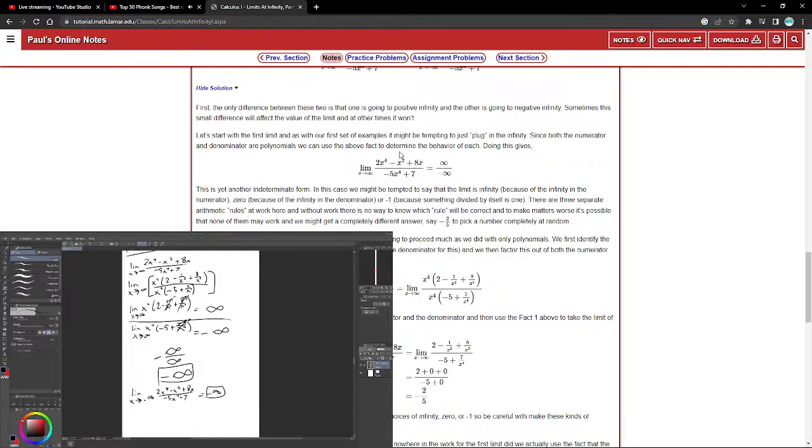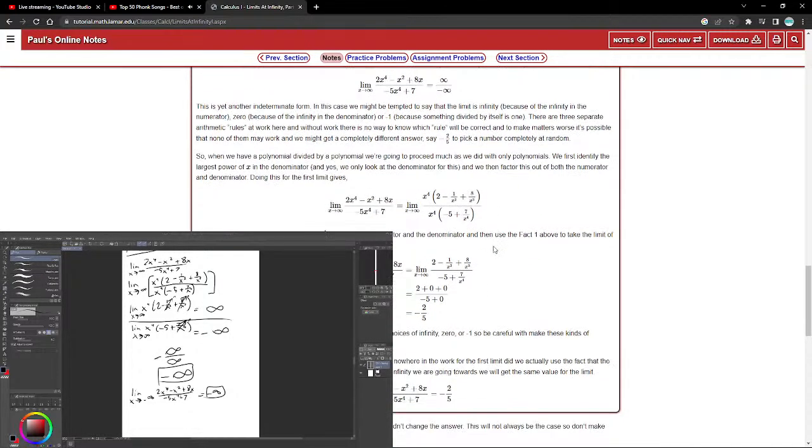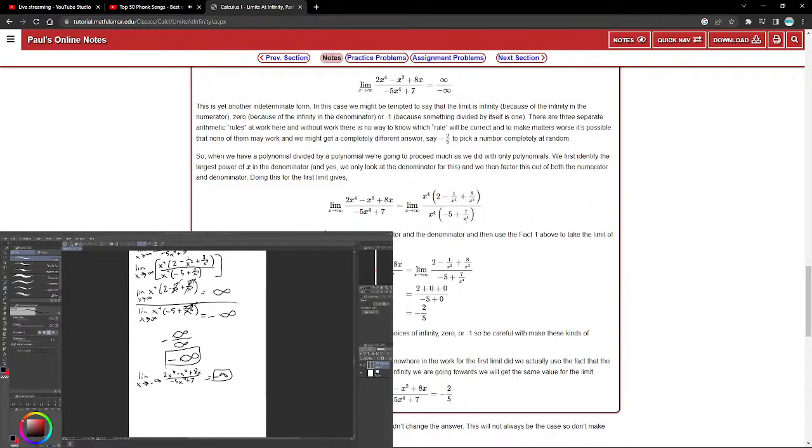We first identify the largest power of x in the denominator, and yes, we only look at the denominator for this. We factor this out of both the numerator and the denominator. Once we've done this, we can cancel the x to the power of 4 from both the numerator and the denominator, and then use fact 1 above to take the limit of the remaining terms.